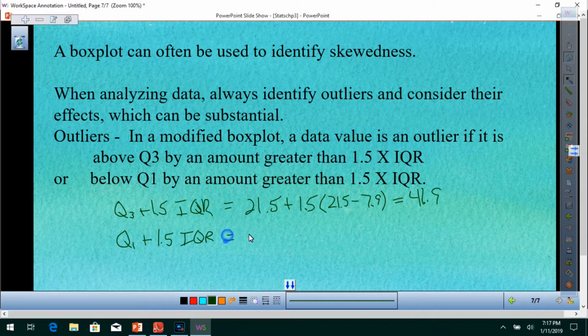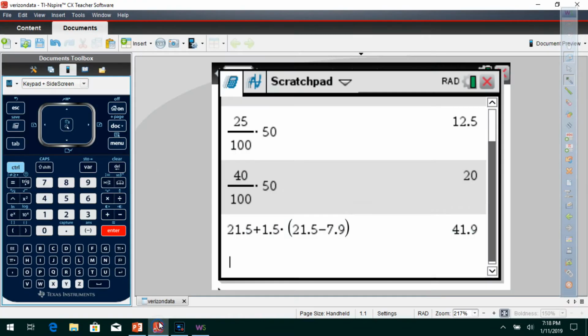And let's see here. For Q1, I put by an amount greater than, so that's actually going to be minus. I should have put a minus in there. So we're going to have, was it 0.8 minus 1.5 times 21.5 minus 7.9? That was the minimum, I can't remember.